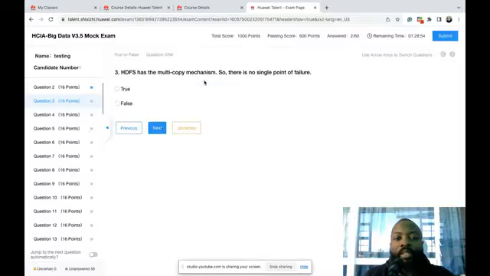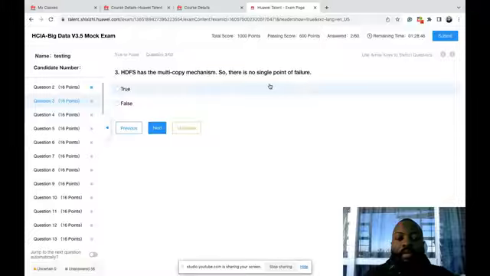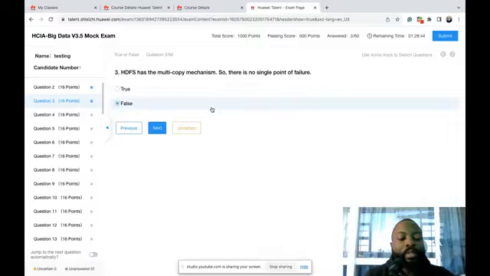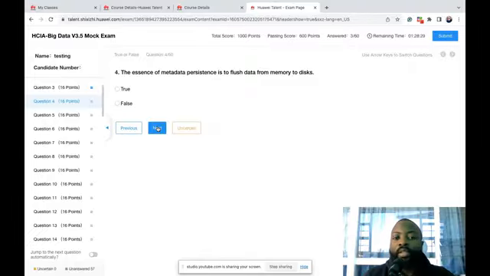HDFS has the multi-copy mechanism, so there's no single point of failure. False. Okay. So next. The full definitions.